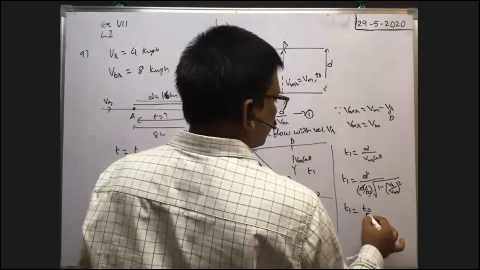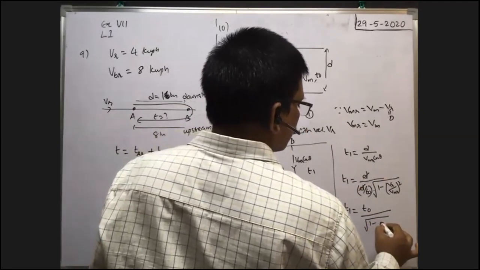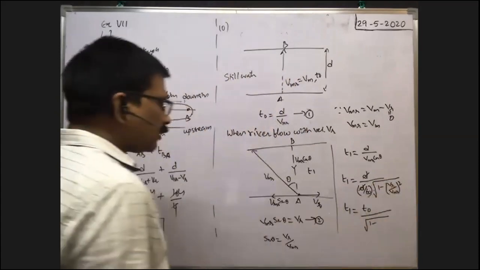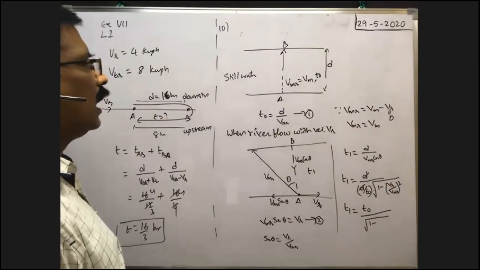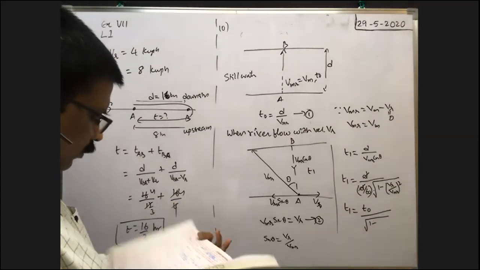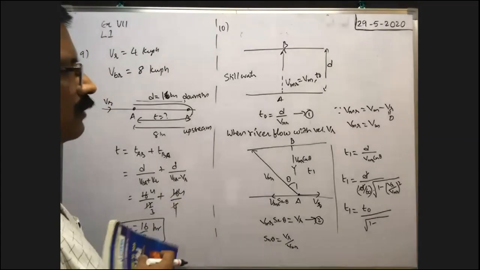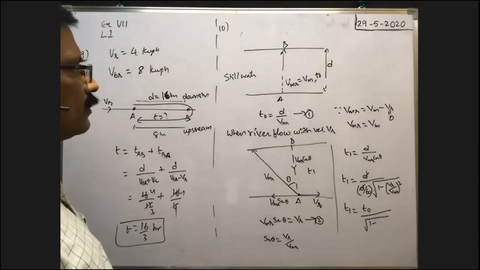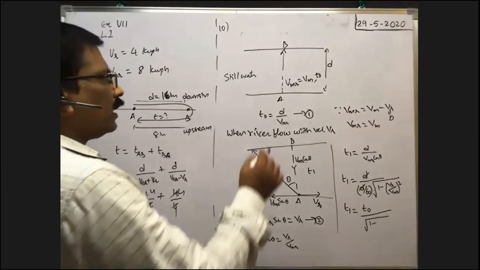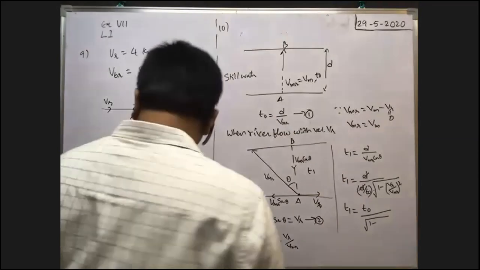So T0 by square root of 1 minus (VR by VMR) whole square. How can we write VR by VMR? The answer is given only in terms of T1, T0 and d. How can we write it? VMR can be written as d by T0, and we can substitute there.